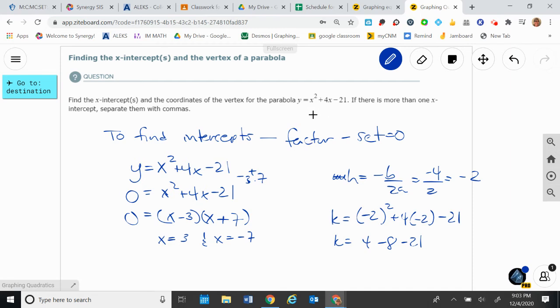Negative b over 2a is definitely negative 2. That is a positive 4, negative 8, and a minus 21. Oh, okay, we don't have to actually graph this, so that makes it a little bit easier. That's negative 25. Okay, so the vertex is at negative 2, negative 25. And that's all they asked for.